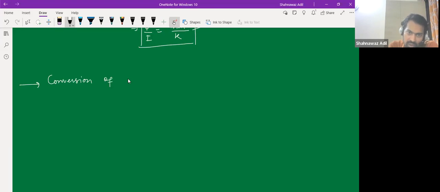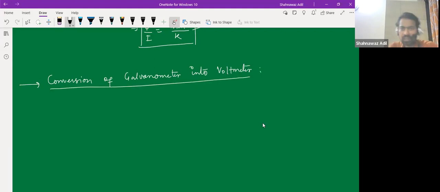Now the next topic is conversion of galvanometer into voltmeter, right? We cannot directly use a galvanometer as a voltage measuring device because it will affect the measurement of the voltage.